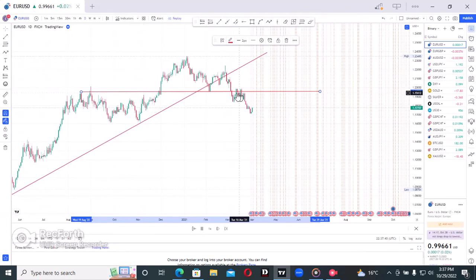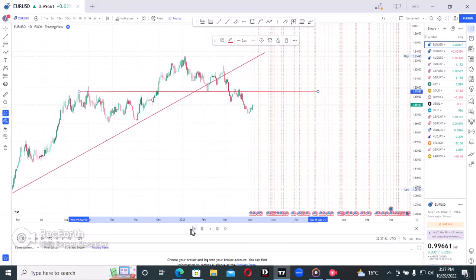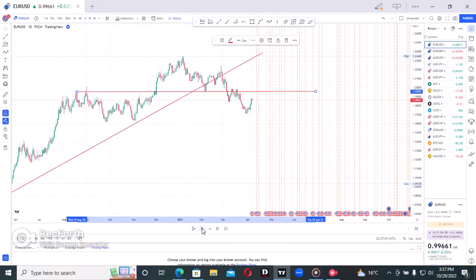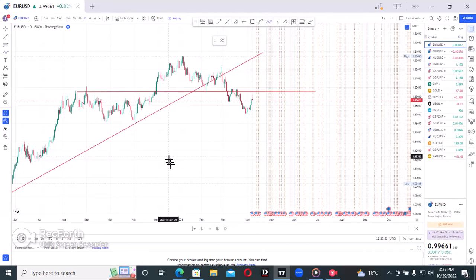So as you can see, we have a breakout right here. Once we have a breakout, that's where I'm going to see that this market is going to move in the down direction. I told you that if this market is moving in the uptrend just like this, it's going to be making higher highs and higher lows.